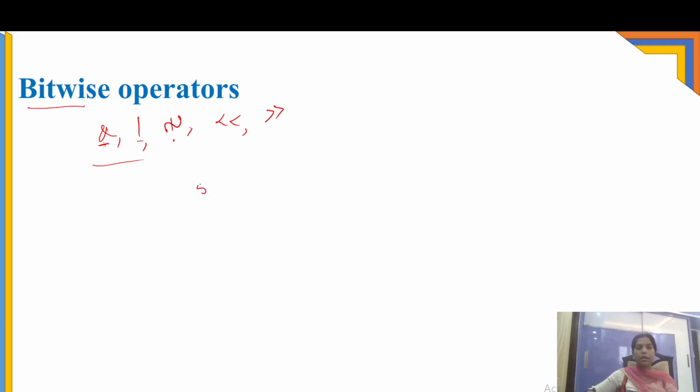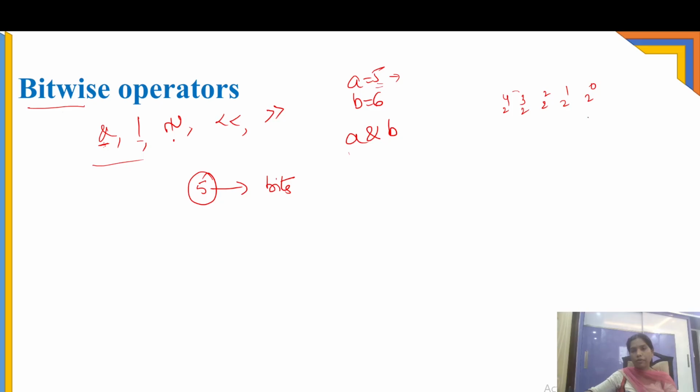Any number should be converted into bits. For example, A and B, with A equals 5 and B equals 6. You should know how to convert decimal integer values into bits. 2 power 0, 2 power 1, 2 power 2, 2 power 3, 2 power 4.